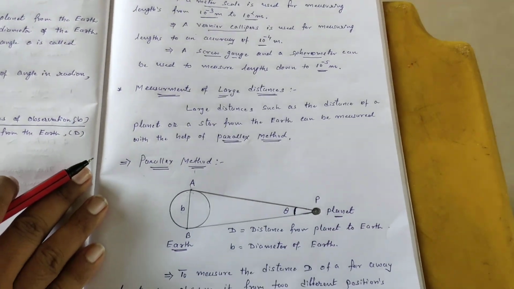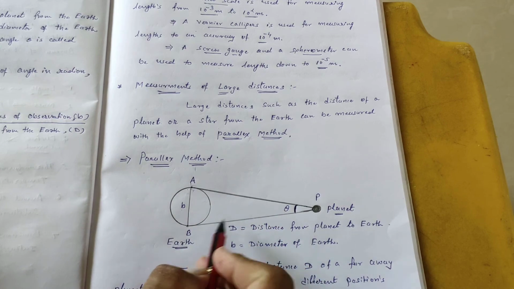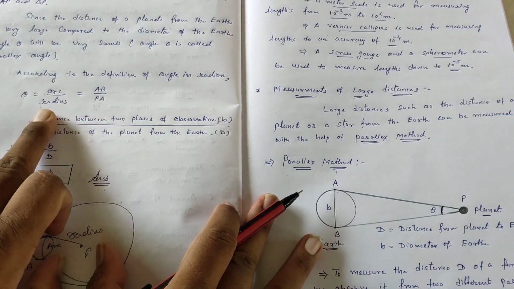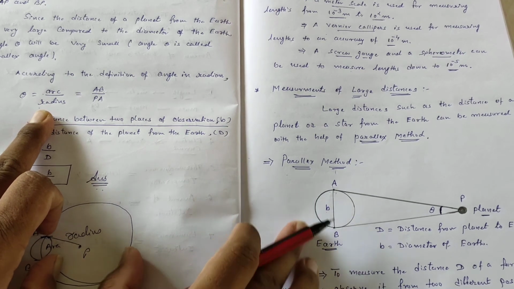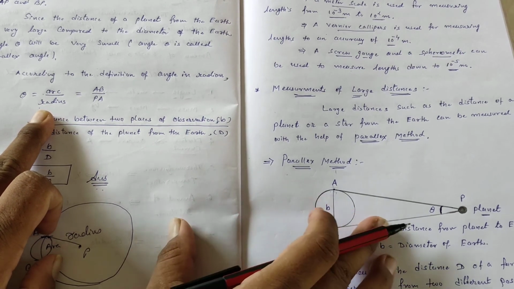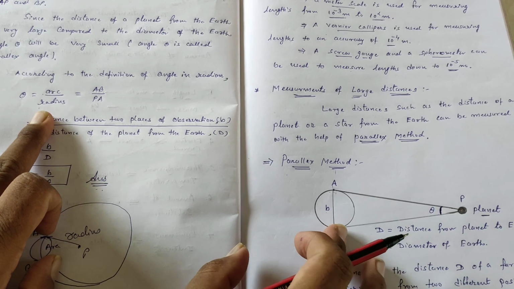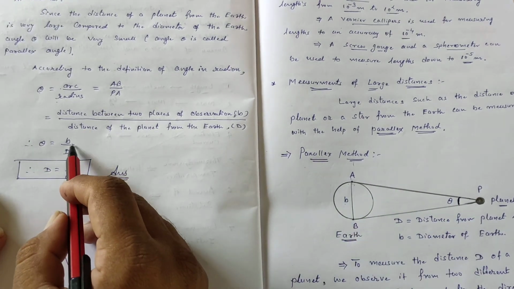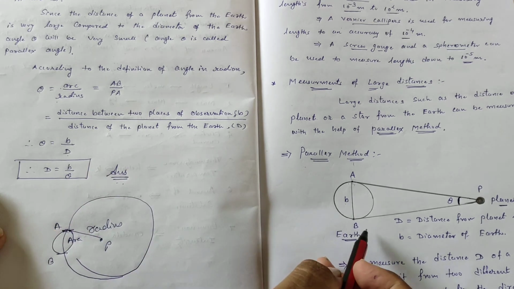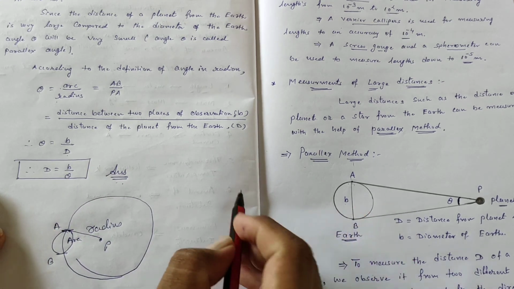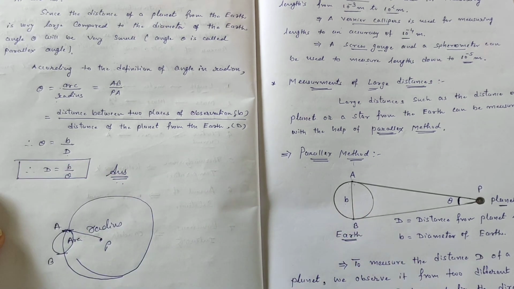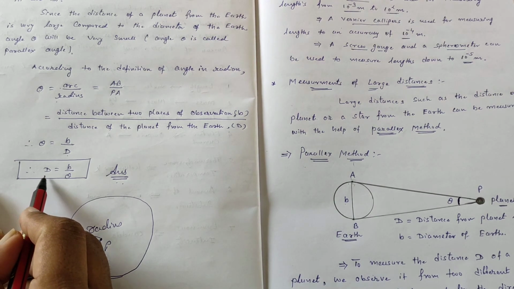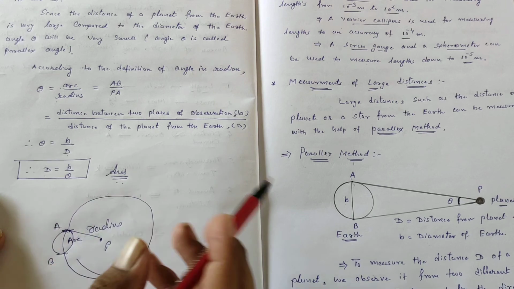For the arc you can consider AB, and for the radius we consider AP or PB. AB is considered as b, and d is considered as the distance from Earth to planet. With these two quantities we directly get the distance from Earth to planet.